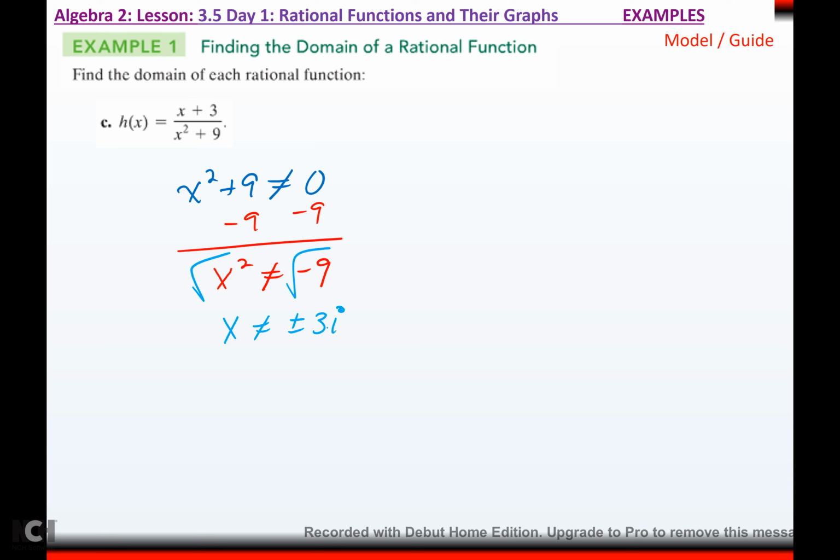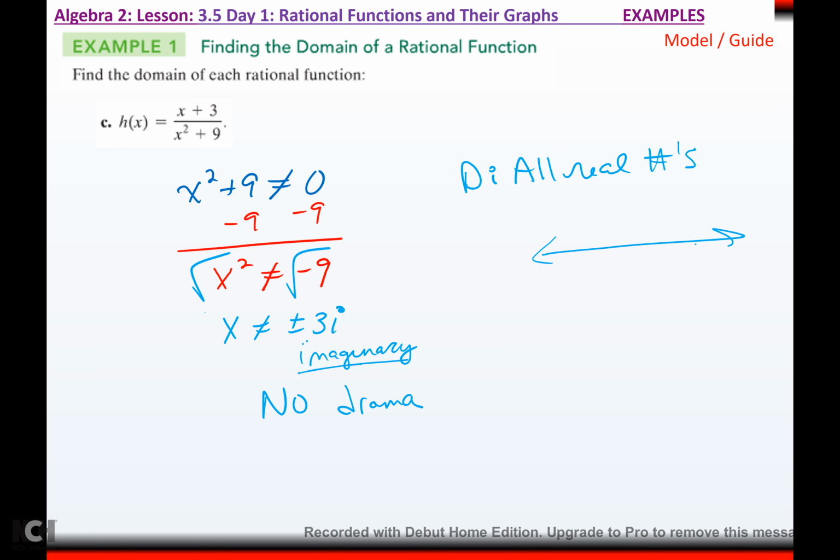Well, what this says is that the only thing that would make my denominator go to 0 is something that is imaginary. In other words, nothing real will affect my domain, so there is no drama, which means my domain is all real numbers. And in interval notation, if you graph that, x can be anything, which means it can go from negative infinity to infinity and there are no jumps.